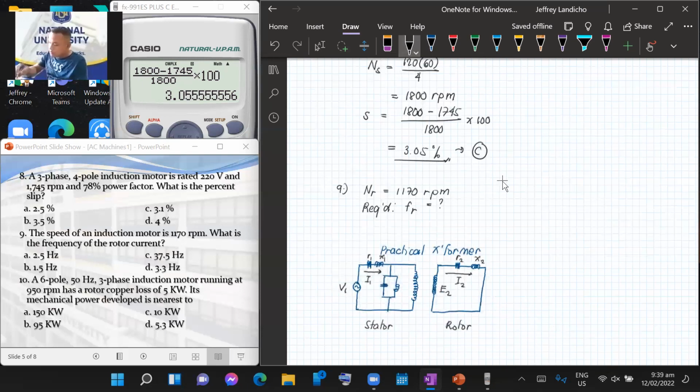So kung babalikan lang natin ang behavior ng ating rotor frequency, so your rotor frequency, it is always proportional kay slip speed. So dyan nakabase yung ating rotor's current kay slip speed.